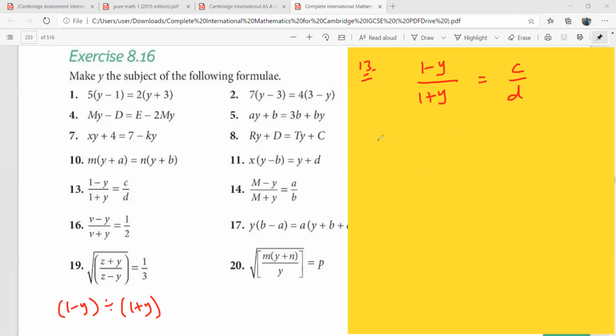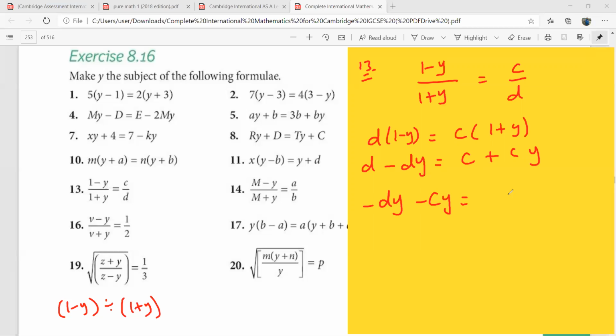Okay. So this would be d into 1 minus y, and this is c into 1 plus y. This is d minus dy, that is equal to c plus cy. Okay, now we bring the terms on one side, the ones with the y, okay? This is going to be minus dy minus cy, that is equal to c minus d. I can take minus y common from here.